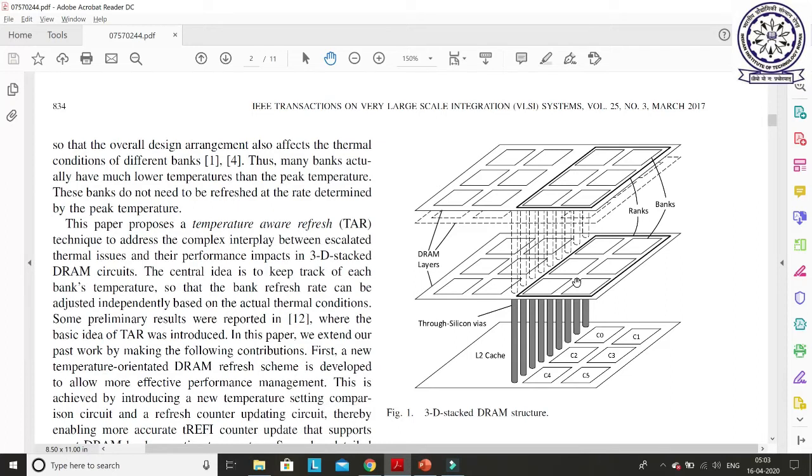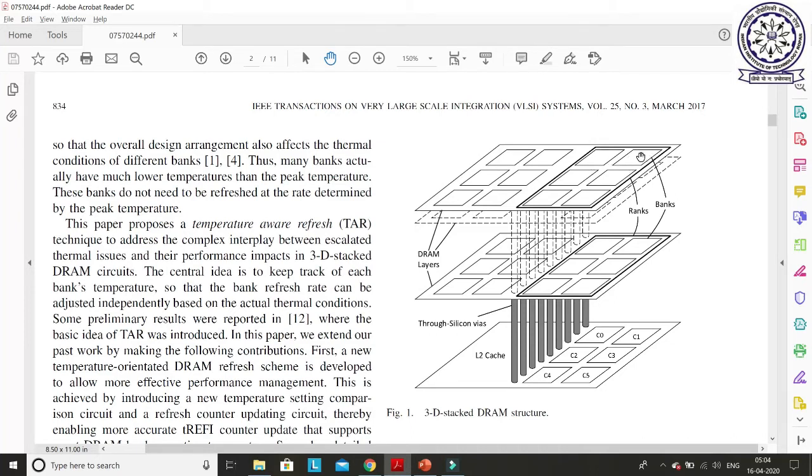So instead of going for the worst-case temperature every time, this paper proposes a new technique, temperature-aware refresh, and they call this technique TAR. The technique proposes the following: suppose we are considering this particular rank. In this rank, all these five banks are operating at a temperature of, for example, 65 to 70 degrees centigrade, but this particular bank is operating at 105 degrees centigrade.